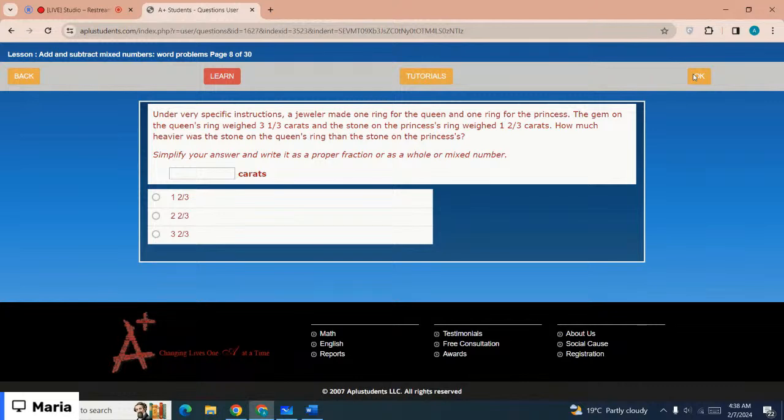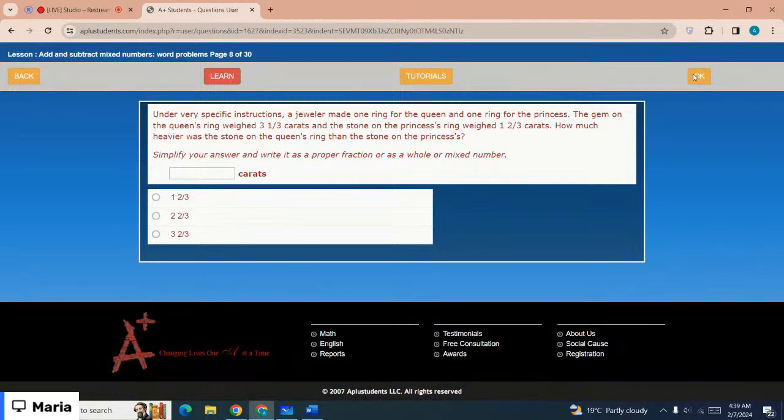So you need to see how much heavier it is. So you need to subtract. So which is the correct option? You need to subtract 3 whole 1 over 3 minus 1 whole 2 over 3.